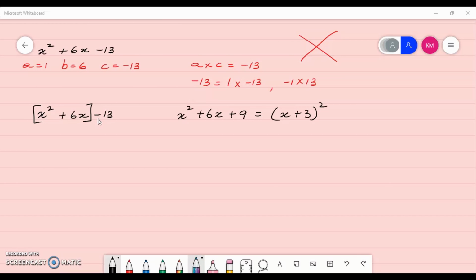So what can be done is we can write x plus 3 squared, and remember x plus 3 squared is going to give us this here. Remember, we only want x squared plus 6x. We do not want this additional plus 9.